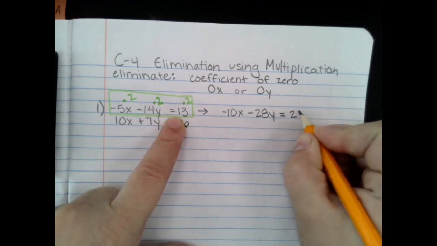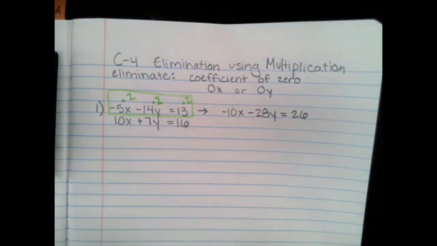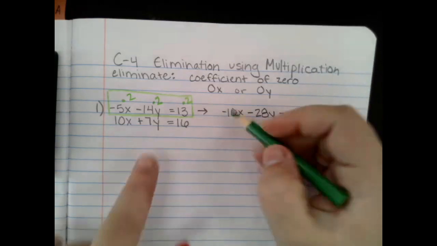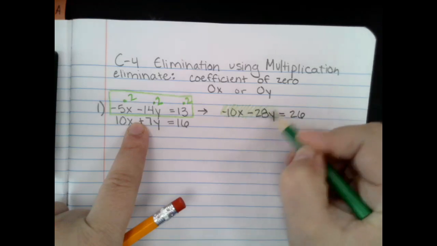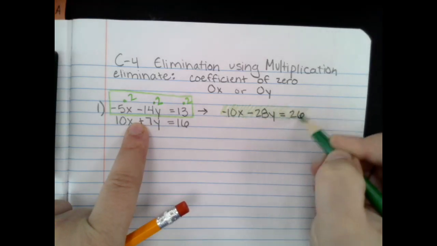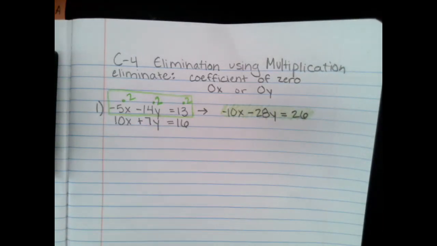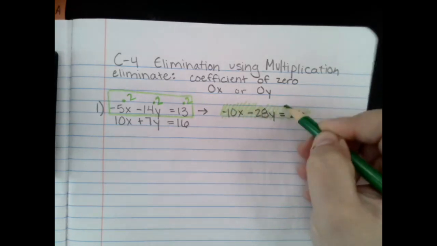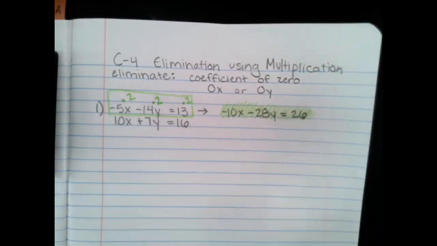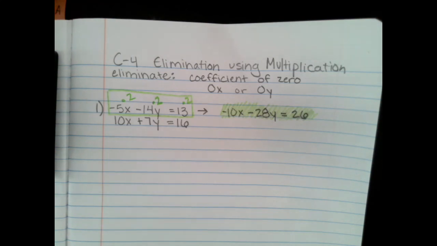Nice. And I'm going to just shade that in green to show that that's where we got that from, is from that multiplying. It's okay to multiply as long as if we multiply one part of the equation, we multiply the whole part by the equation.